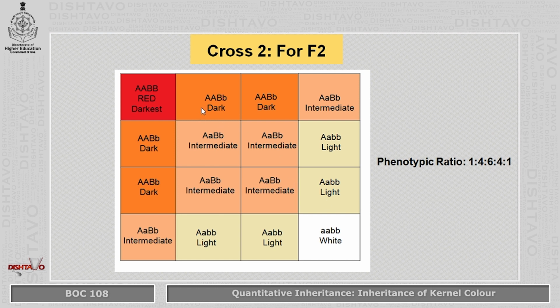Now, if you observe, there are doses of these alleles. So, the darkest red has 4 capital alleles. The dark red has 3 capital alleles. The intermediate has 2 capital alleles. Light has 1 capital allele, and the white has no capital allele.